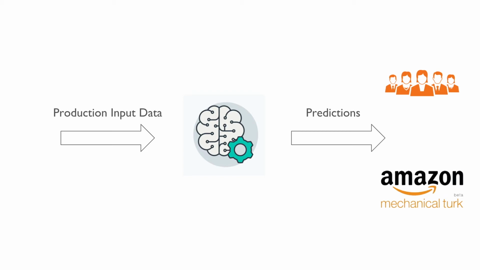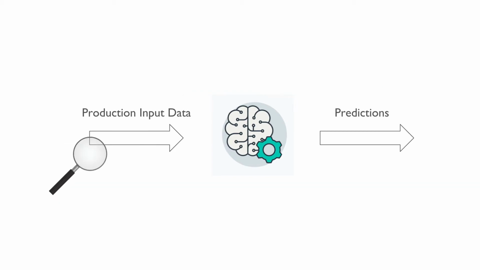Also, for online learning systems, it is important to monitor the quality of input data. An online learning system keeps updating or retraining the model as and when new data comes in. The quality of the model may drop if the quality of input data has dropped.